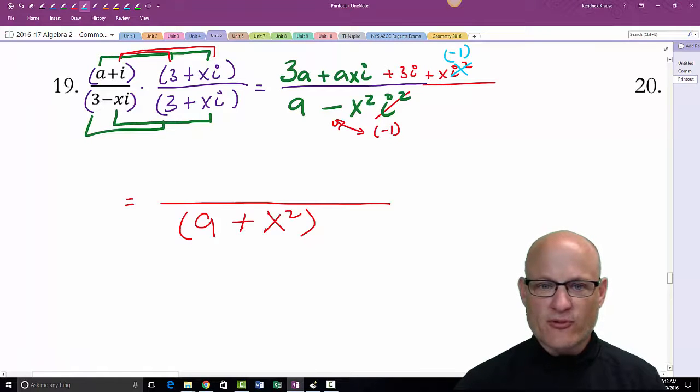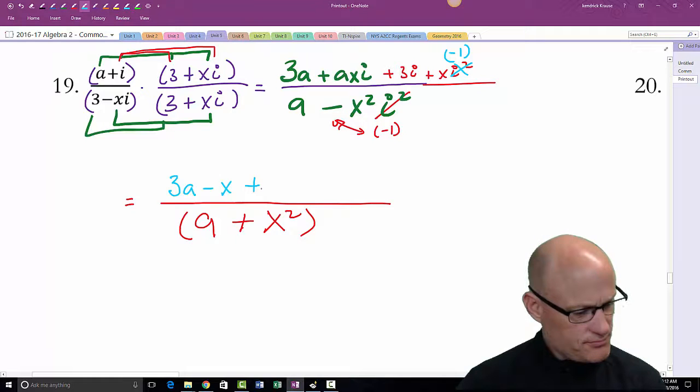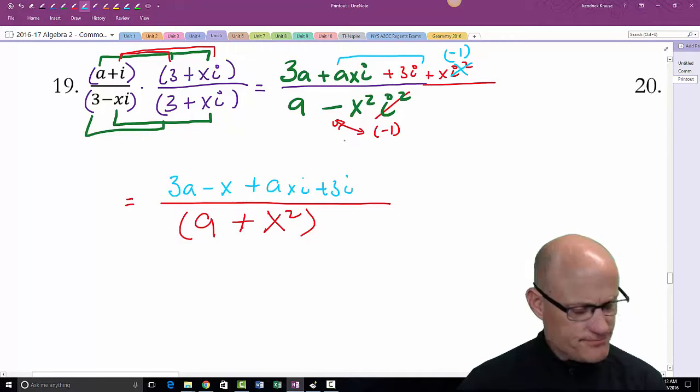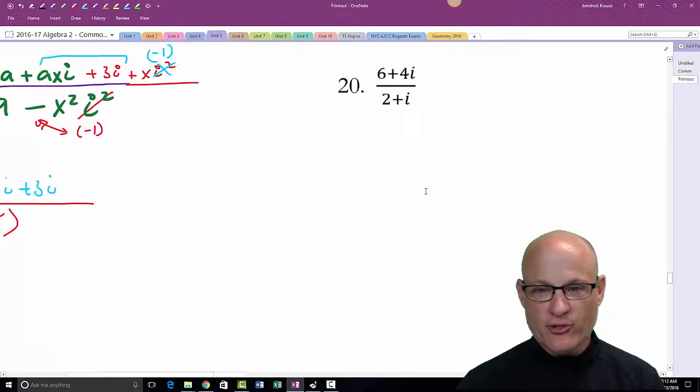So let's put all that stuff first. 3a minus x, plus, I'm going to put this stuff next. axi plus 3i. I'll just leave it like that. Putting that in a plus bi form would be stupid. So I wouldn't ask you to do that on a problem.